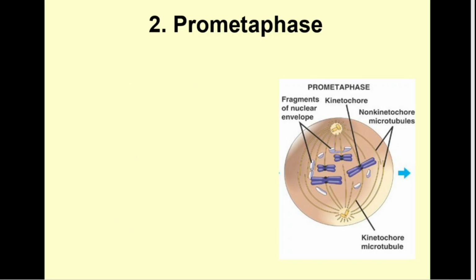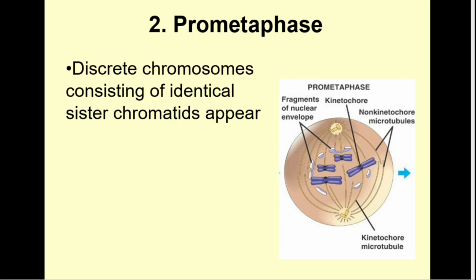That will then take us into prometaphase. So what we can see now is that our discrete chromosomes finally appear. So what we can see here now is what we would recognize as proper chromosomes. So again, as I said just now, we're only following 4 chromosomes here.